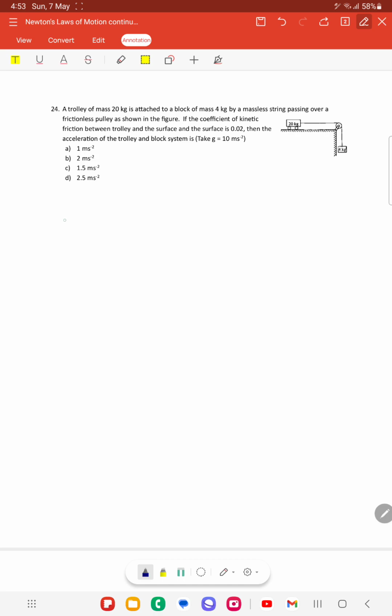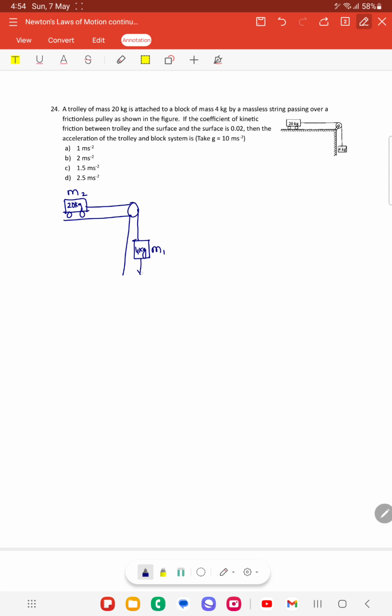First, let us consider the figure. So we have a 20 kg trolley and a pulley, and we have a 4 kg object. Let us consider this as mass m1 and this as mass m2.